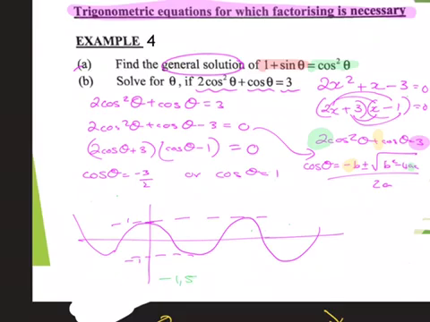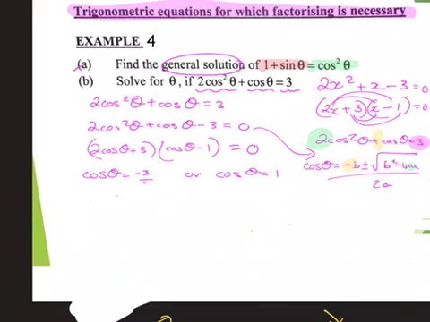Negative 1.5 is below negative 1. There is no graph here. The graph stops at negative 1. So it's impossible for this graph to do anything below negative 1. That's its range. It's stopped there. So for that first piece, there is no solution.